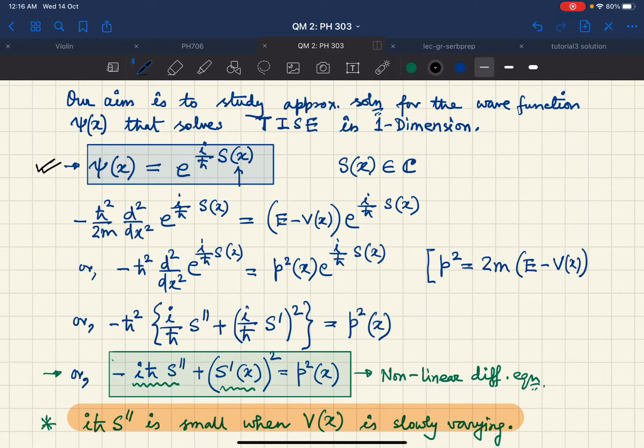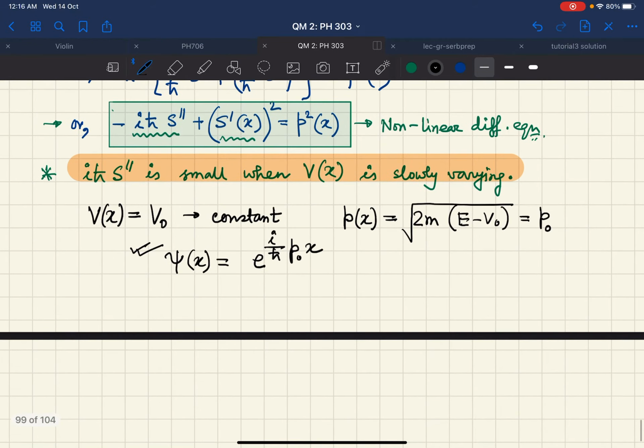If you compare this with the free particle wave function, then immediately S of x must be equal to p naught times x.